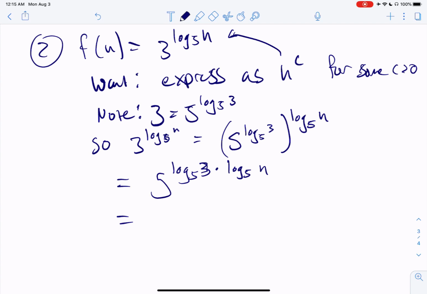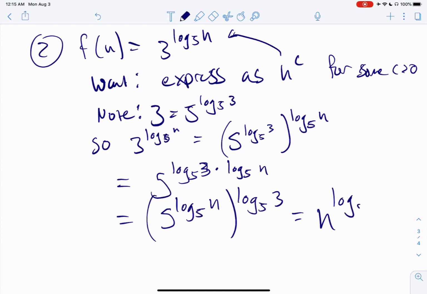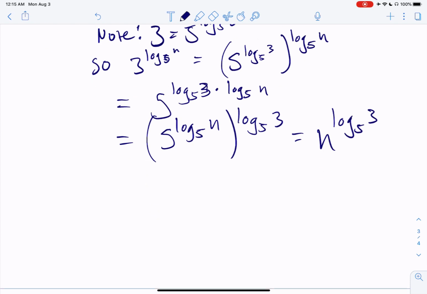This now equals 5 to the log base 5 of n, all to the power of log base 5 of 3. And of course, 5 to the log base 5 of n just equals n, so this is n to the log base 5 of 3. Now, this is good. So now we have it. This is our c right here. We've now gotten what our c is.